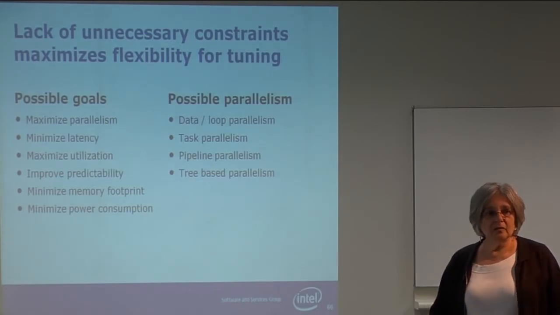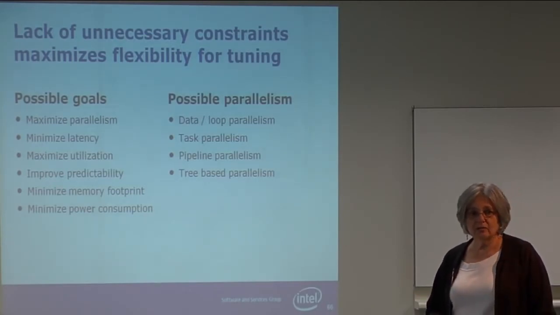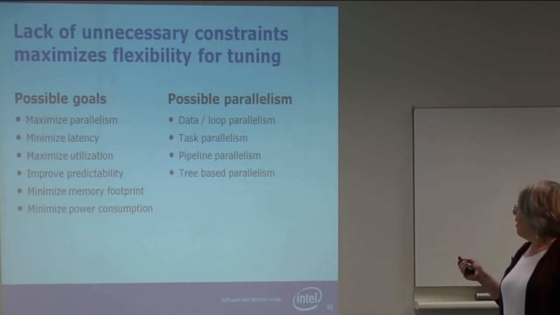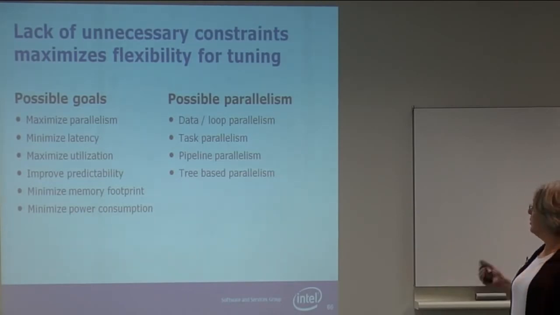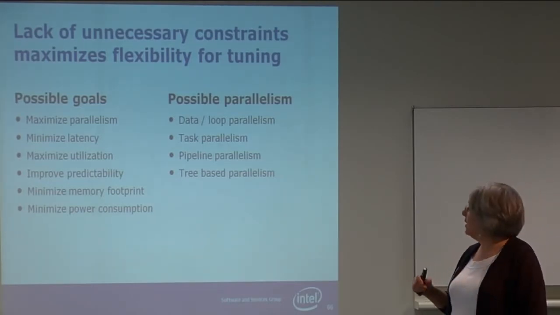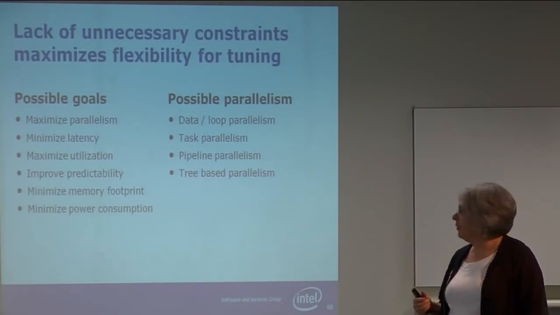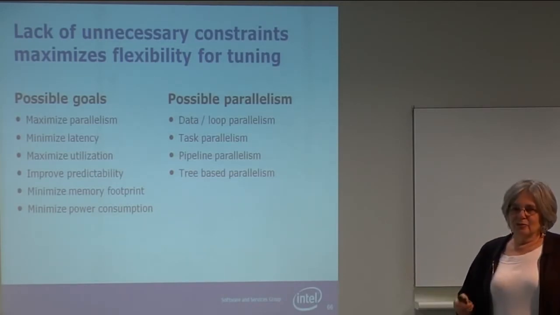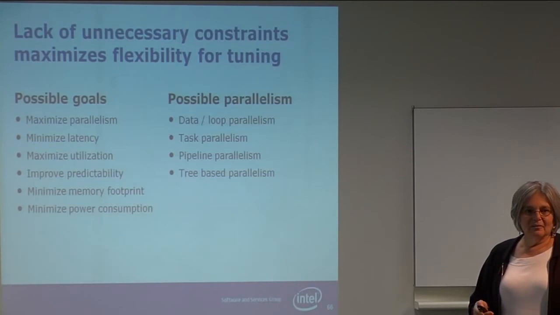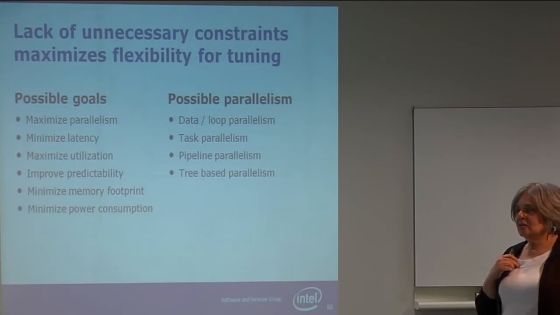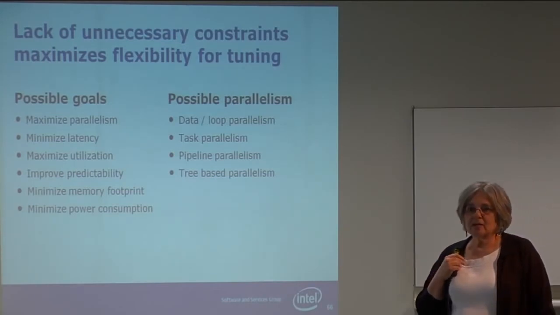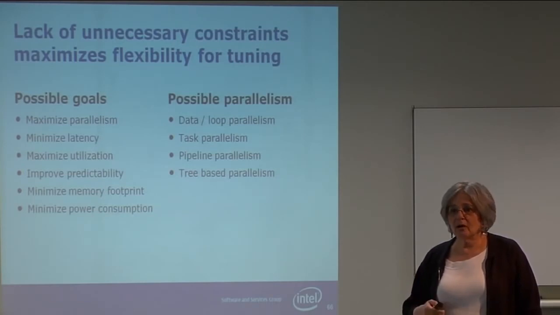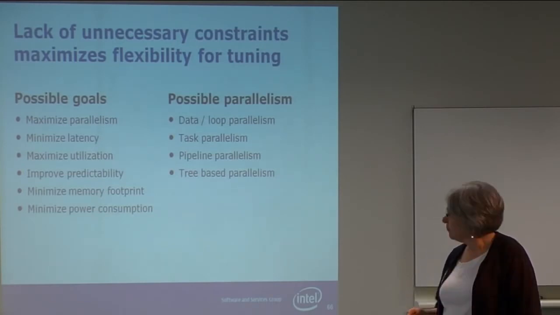It might be a good idea to represent the application in this way. The possible styles of parallelism might be loop or data parallelism on the one hand, task parallelism, pipeline parallelism, fork join parallelism, whatever. We have no particular bias in any way, one or the other. All of these are totally appropriate.